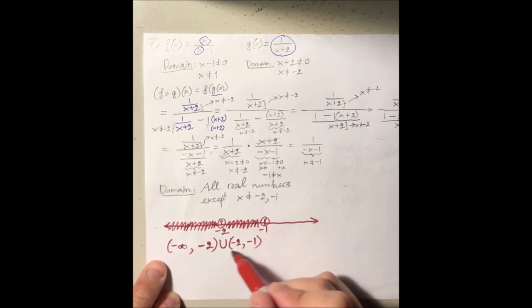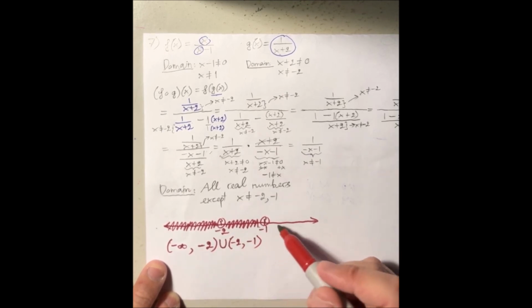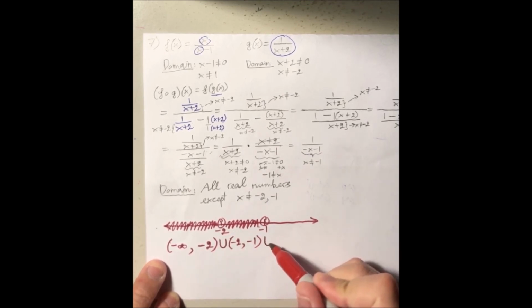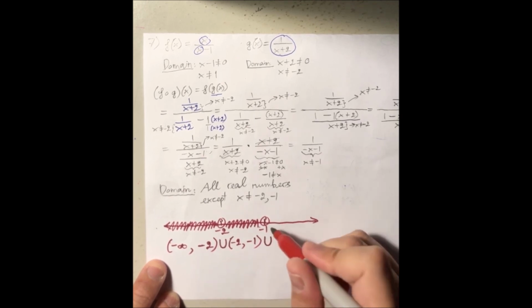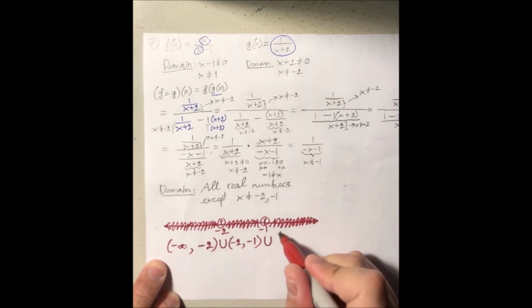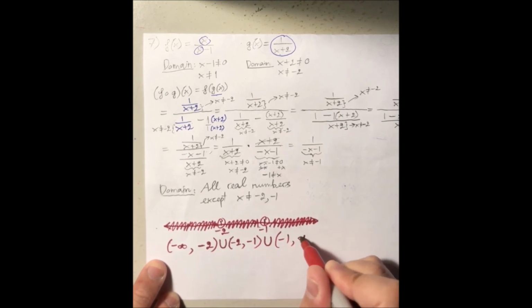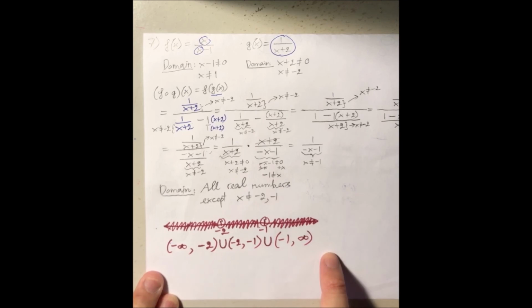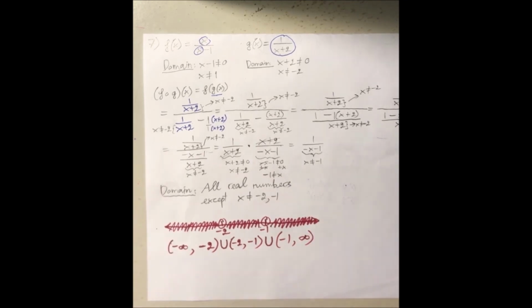This is the interval notation for the middle part. Jumping to the next part, we have to put another union sign, and we are still excluding -1, but going all the way to positive infinity. And this is the interval notation for the domain of f of g of x.